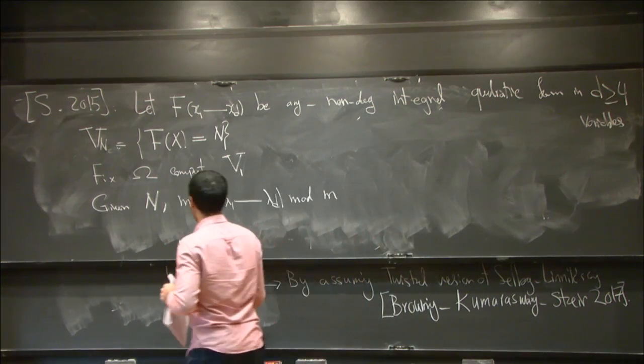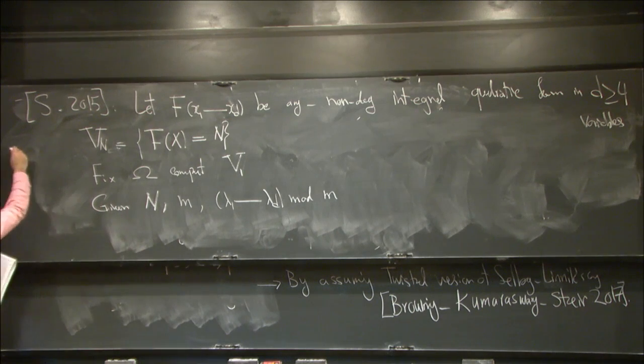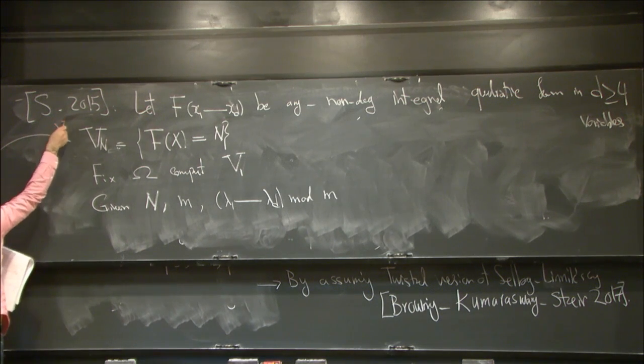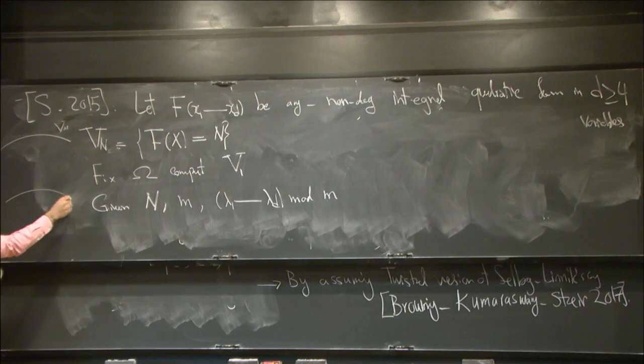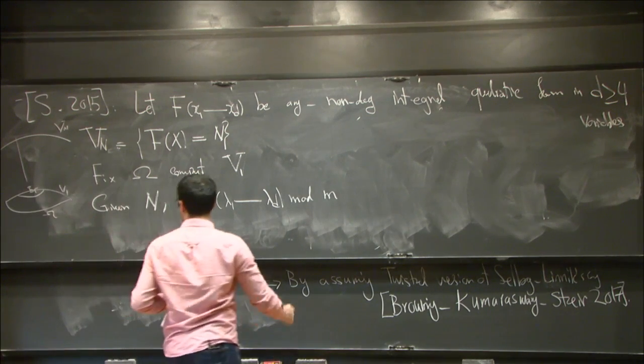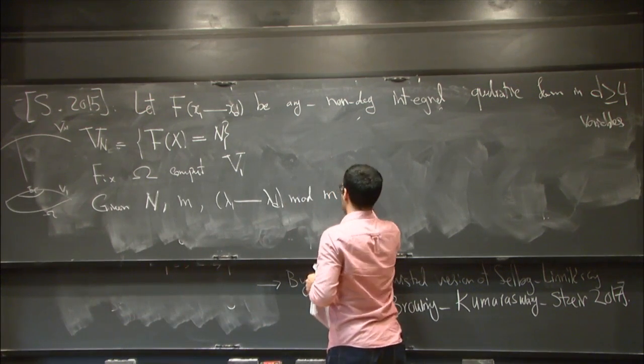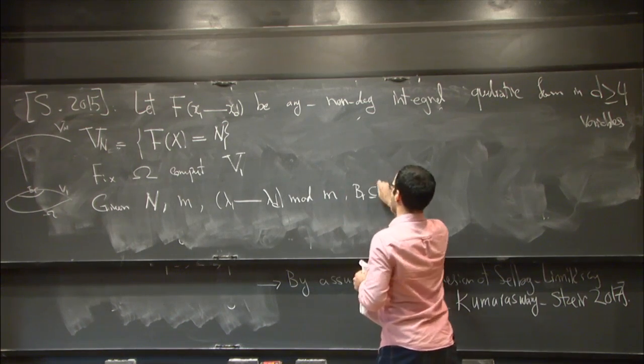and a cap on omega. So remember, the task is we want to find an integral point on Vn such that when we project it on V1, this is omega, it lies inside a cap of size Br. So we have Br, a subset of omega.